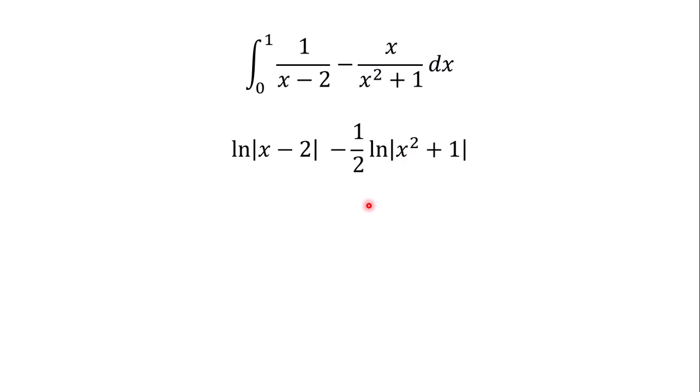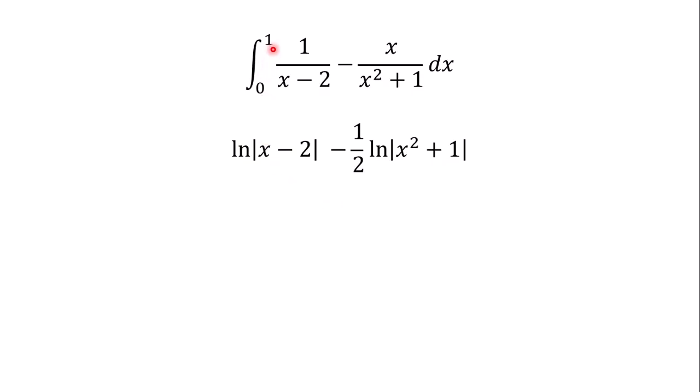The next step is to find the value of this expression here, by putting in the value of x, that is the limits given, going from 0 to 1. And you know that to find the value of a definite integral, the formula is always upper limit minus the lower limit.